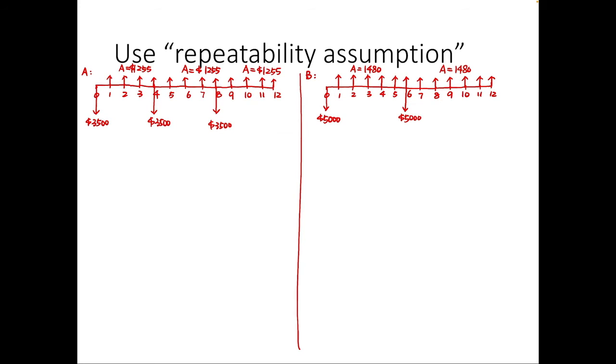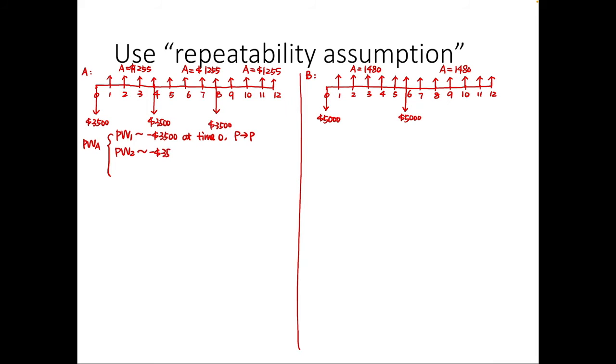Okay, so to convert the cash flows for A to present worth, you want to have the present worth A. It consists of several parts. So PW1 is from the first 3,500 at the time 0, and you want to convert the present worth to present worth.